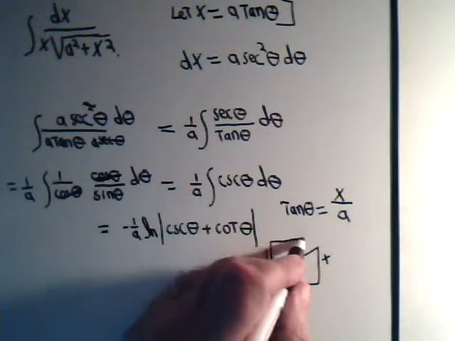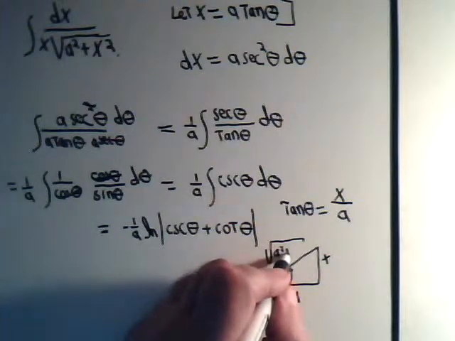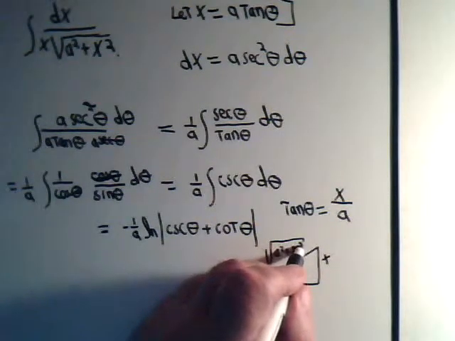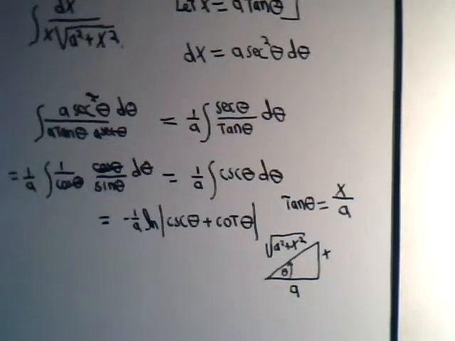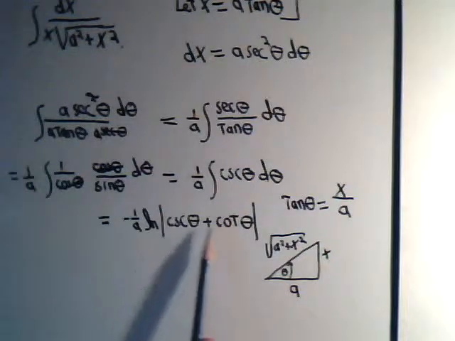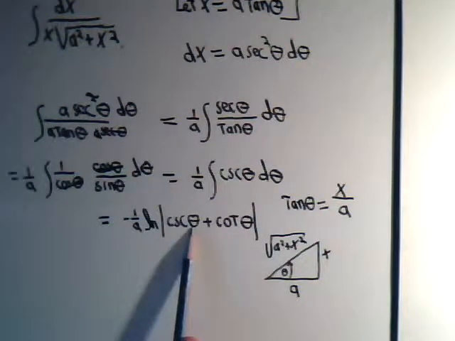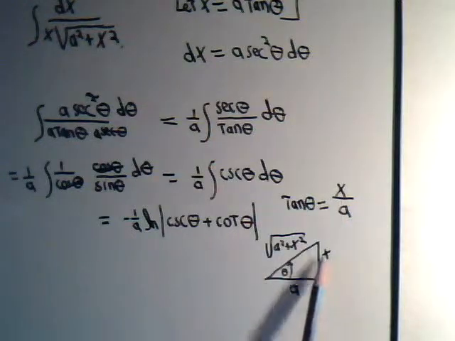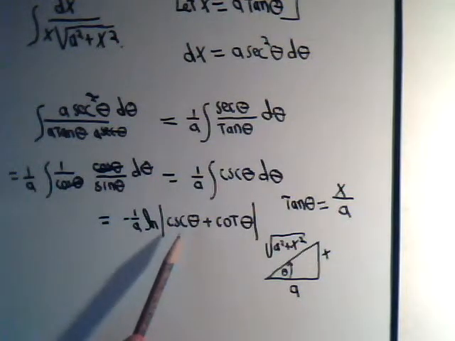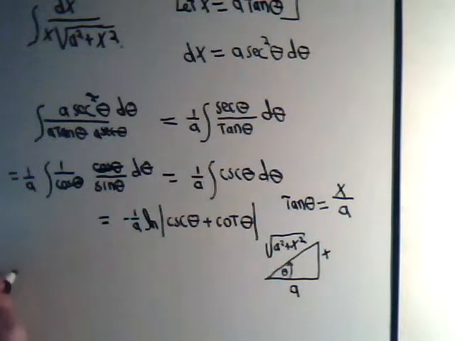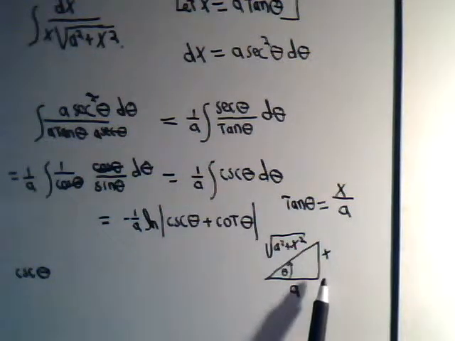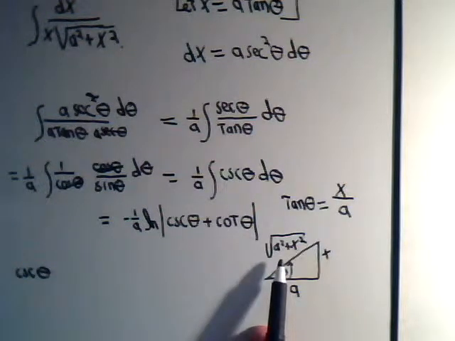So we know what this side is going to be. That's the square root of a squared plus x squared. So we can use the triangle now to convert these trig expressions and get it back into the variable x. Here we have the cosecant of theta. Now, the sine of theta is the side opposite divided by the hypotenuse.